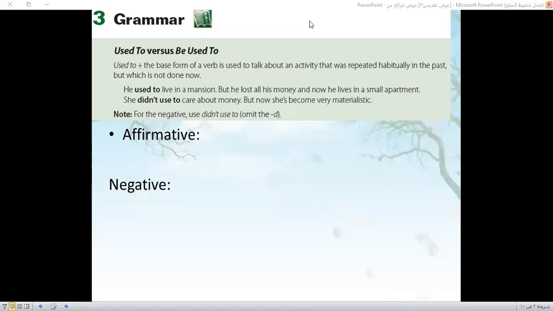Okay. So the first grammar that we're going to talk about is used to versus be used to, verb to be. First of all, let's talk about used to, and I know that you're familiar with this grammar. Used to plus the base form of the verb is used to talk about an activity that was repeated habitually in the past, but which is not done now.